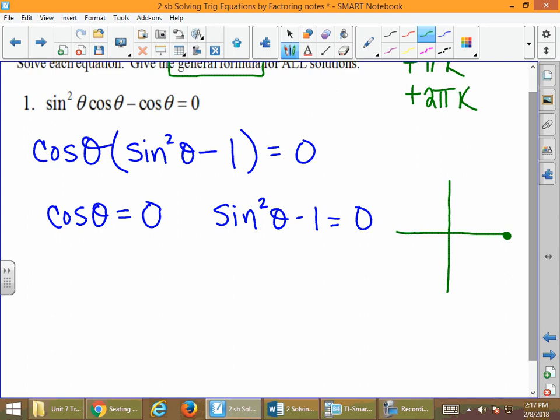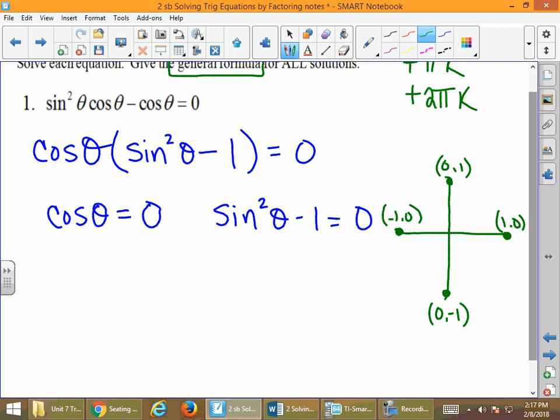And I put in these values on our unit circle. This point being 1, 0. This point 0, 1. Over here to the left is negative 1, 0. And down here is 0, negative 1. The only reason that I put that in there is because quadrantals sometimes are difficult for students.